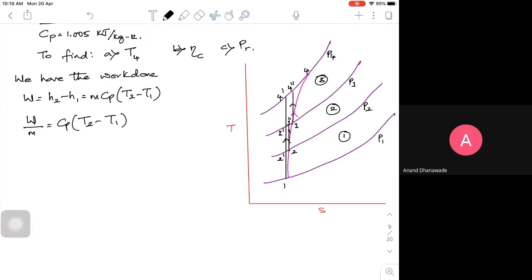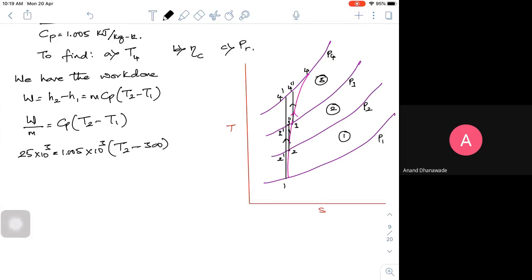This is the specific work for each stage, T2 minus T1, then likewise for the second and third stages. So this is 25 kilojoules, that is 25 into 10 to the power of 3, and Cp is 1.005 into 10 to the power of 3, into T2 minus T1, where T1 is given as 300.